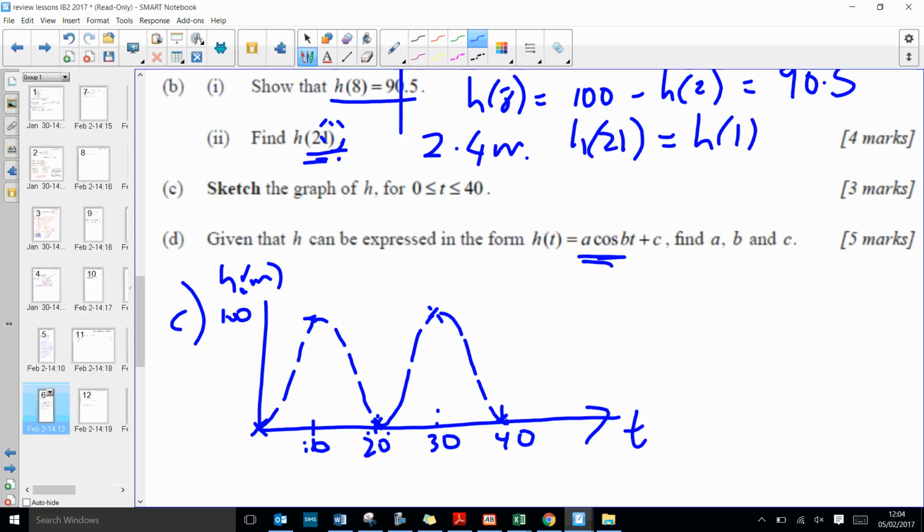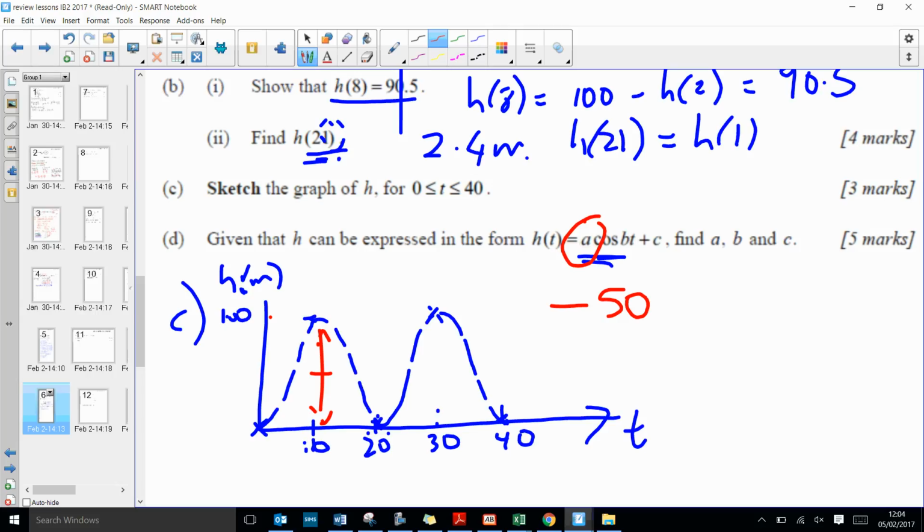We know that cos graphs normally start up at the value of 1, but this one's starting at 0, so that indicates that the value of A is obviously going to be negative. How negative is it? Well, the value of A is given by the amplitude. I apologize, the full height is 100, the amplitude is therefore 50, so it's going to be negative 50. So that's where A comes from.